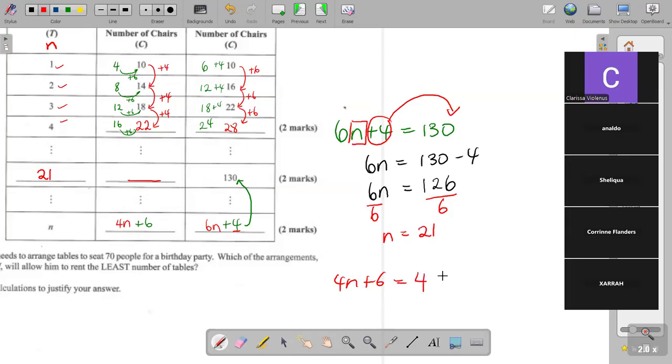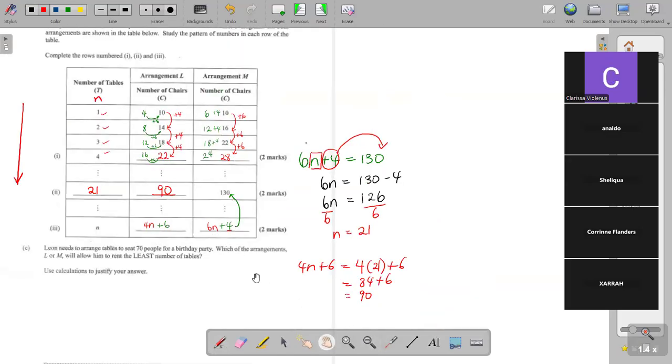Very good, Divine: 4 times 21 plus 6. So what's the answer? That's 84 plus 6, which is 90. That's how you answer that question.